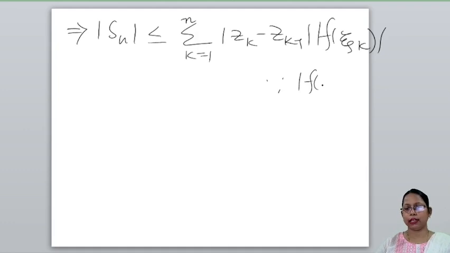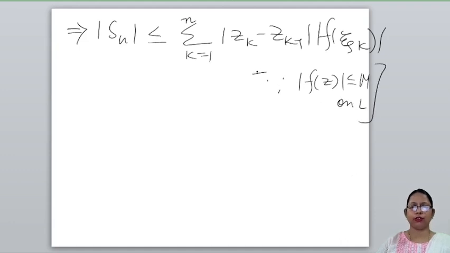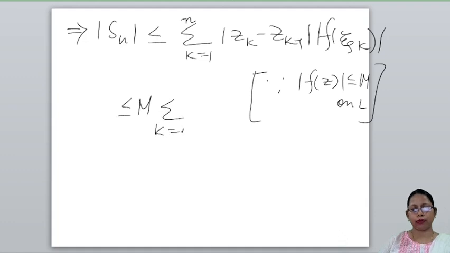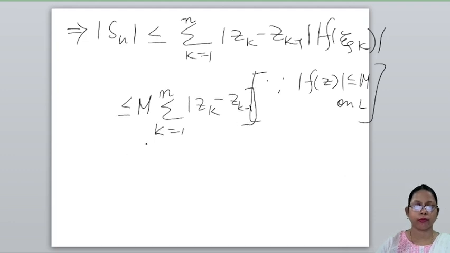Since modulus of f(z) is less than or equal to M on L, in the next line it will be less than or equal to M times the sum over k from 1 to n of modulus of (zk minus zk minus 1).